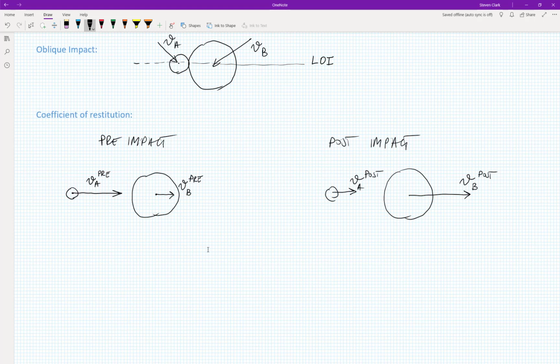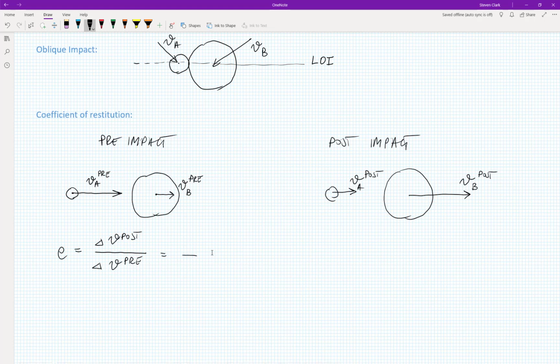Now the definition of the coefficient of restitution. I believe that e is equal to the difference in velocities post-impact divided by the difference in velocities pre-impact. Let's write it explicitly.